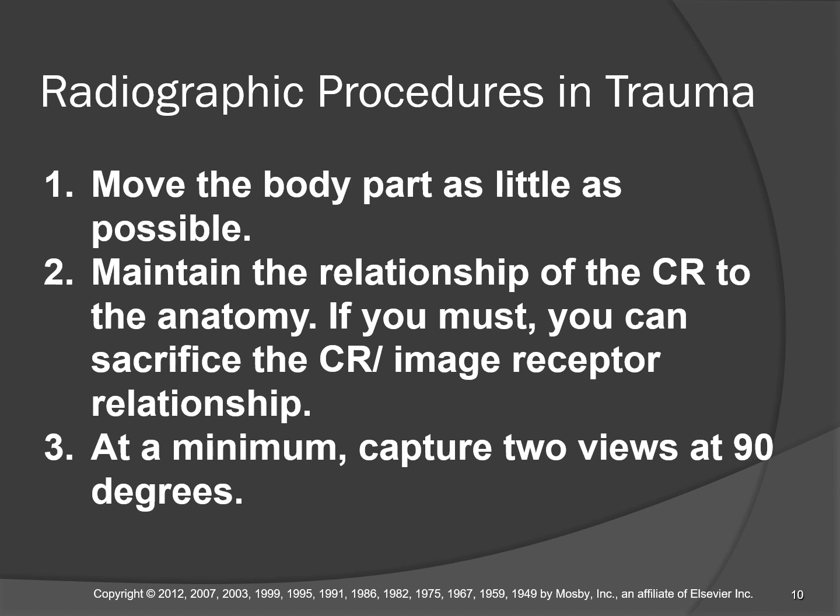That's two views at 90 degrees. The minimum radiographic exam, when the part has so much trauma that you're having trouble figuring out if it is in the right position, is to shoot one vertically and then shoot another radiograph horizontally. Two views at 90 degrees at a minimum.